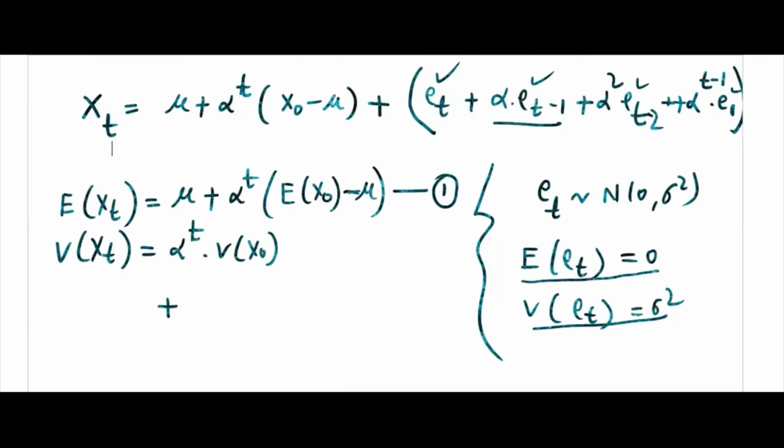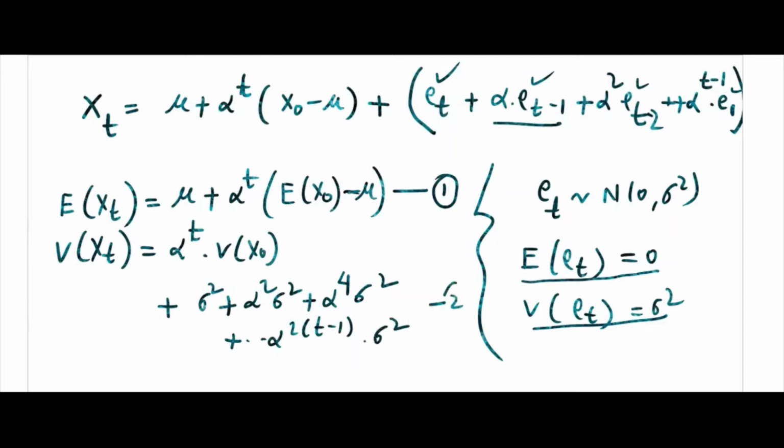So V of e_t will be sigma squared, plus V of this one will be alpha squared sigma squared, V of this one will be alpha^4 times the variance of e_{t-2}, that is sigma squared. It will continue, and finally the last one, alpha^{t-1} will come out squared, variance of e_1 is sigma squared. So this is equation 2.